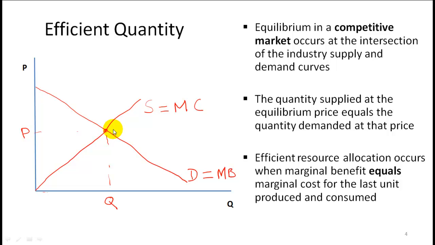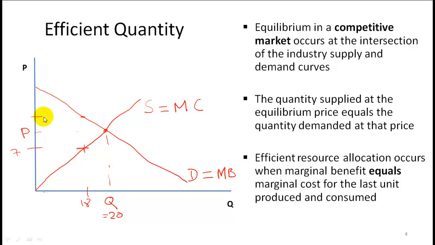Why is this efficient? Let's say that the quantity Q here is equal to 20 million units. Now if we are at, say, 18 million units, the marginal cost to society, or the cost of producing that 18th unit, is at this point, let's say that this is 7, and the marginal benefit given by this point over here is higher.